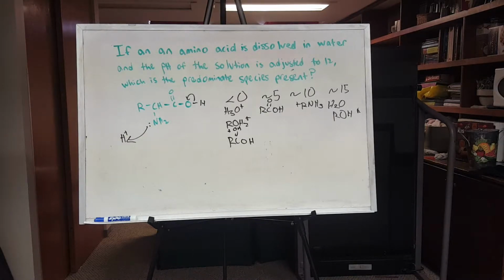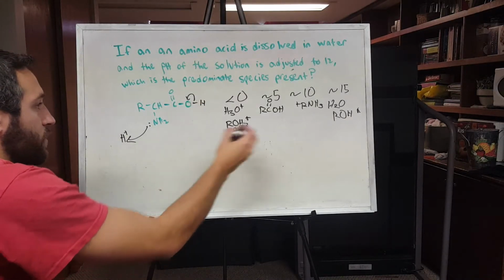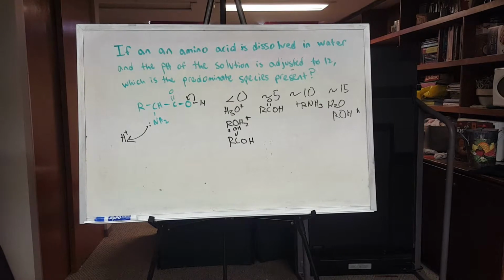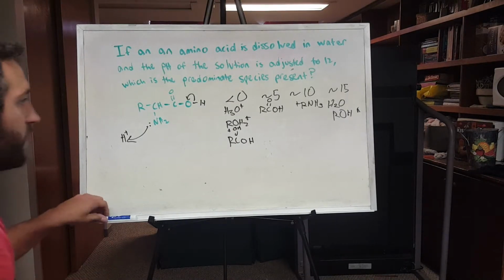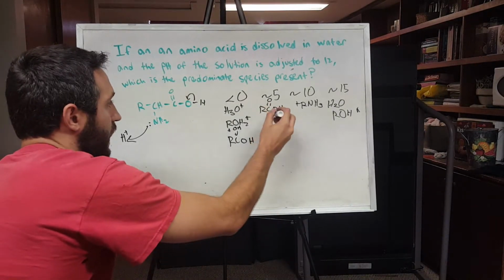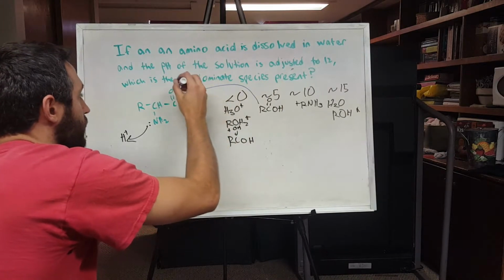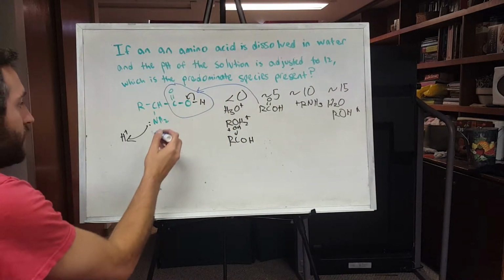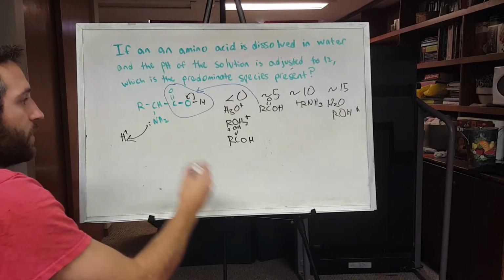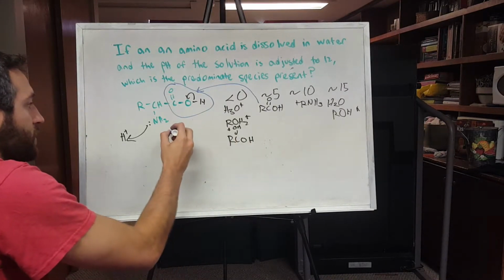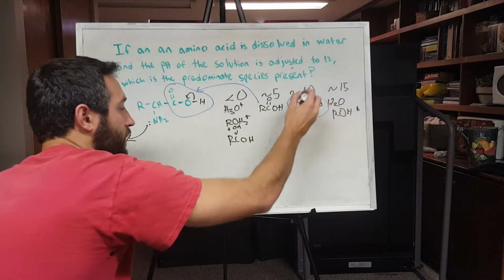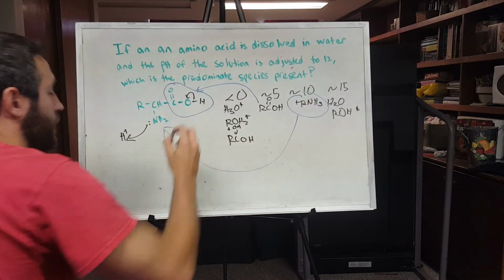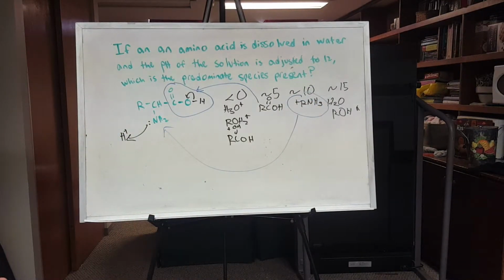And so in this problem, just drawn here, what do we have? We have, let me draw it, this functional group right over here. And NH2 is the conjugate base of this guy. So we have some pKa's to look at.